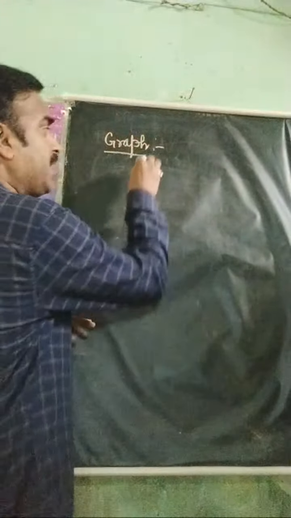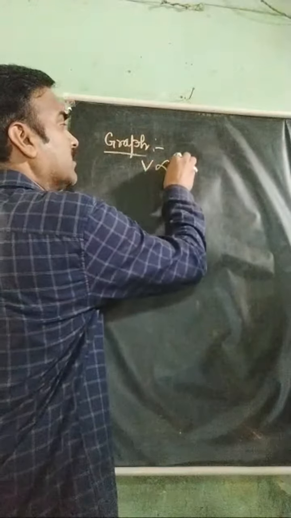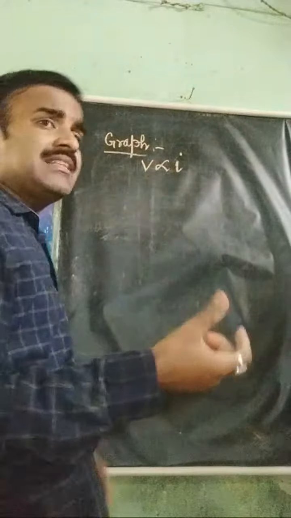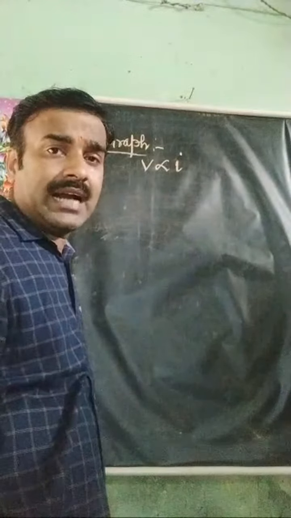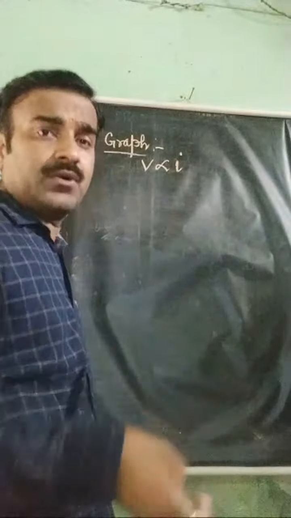Now already I have explained V proportional to I. So I am just going to take some data. On the basis of that data I am going to explain how you have to draw the graph.